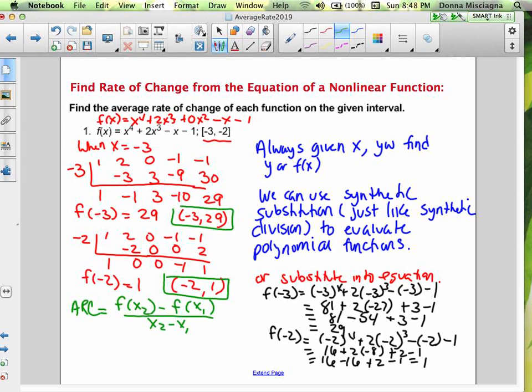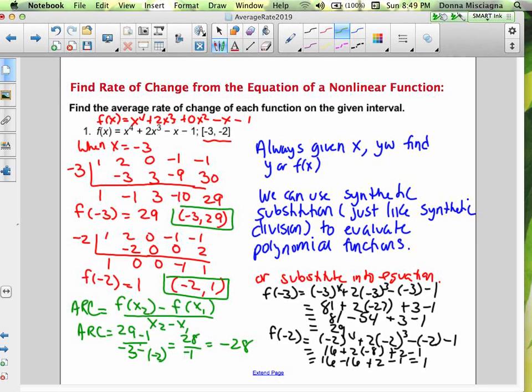So change in the value of the function is change in y. So average rate of change is 29 minus 1 over negative 3 minus a negative 2. So that would be 28. Negative 3 plus 2 is negative 1. So that would be negative 28 is the average rate of change.